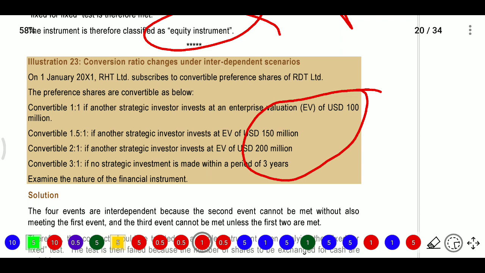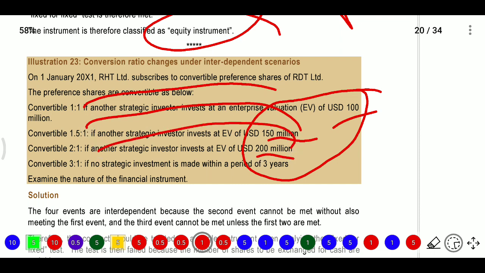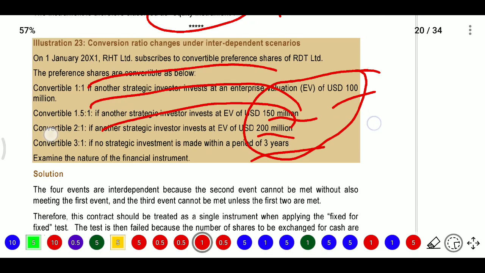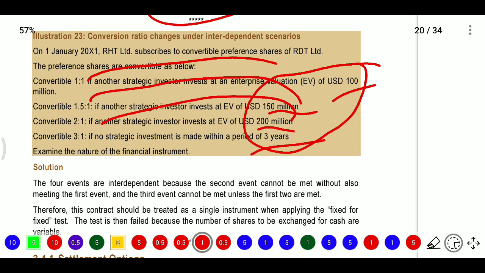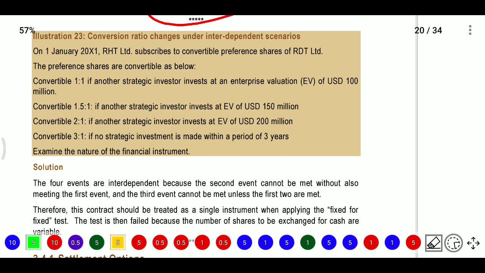So they are linking. If they invested 100, they will convert at one ratio; if 150, at the next. Within a period of 3 years, 3:1, if no strategic investment is required. We need to meet this one first, and after this one, only then will they get the next.